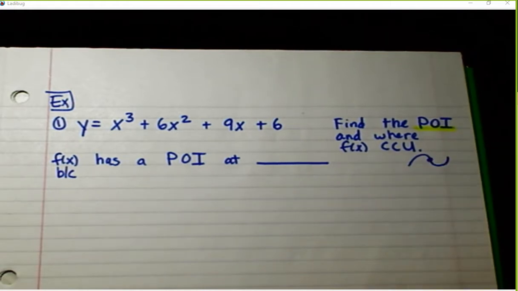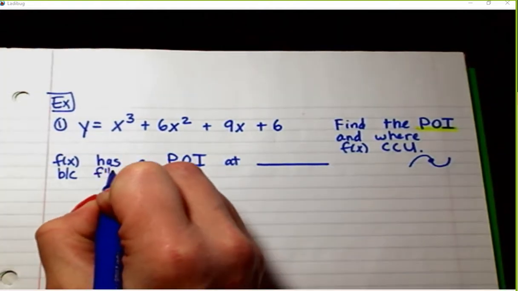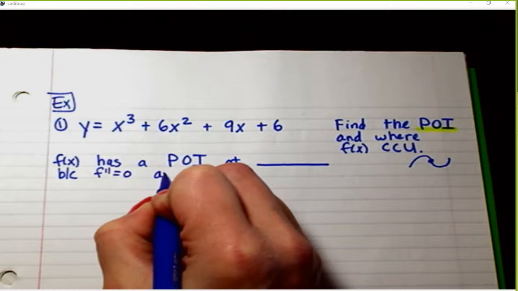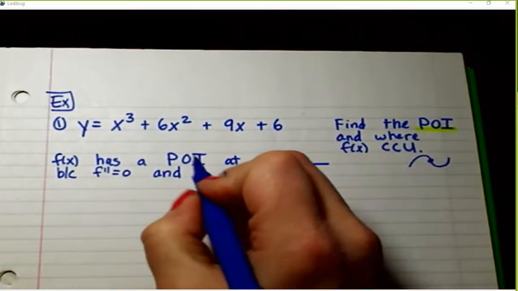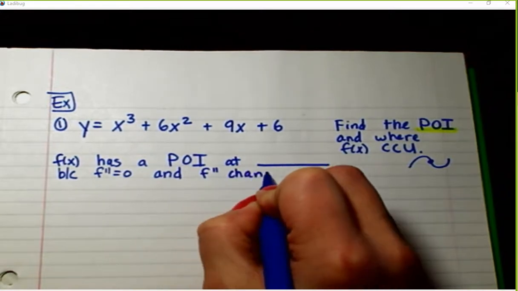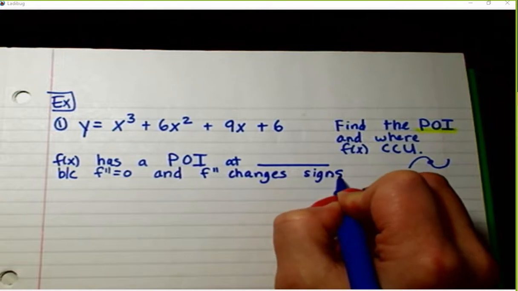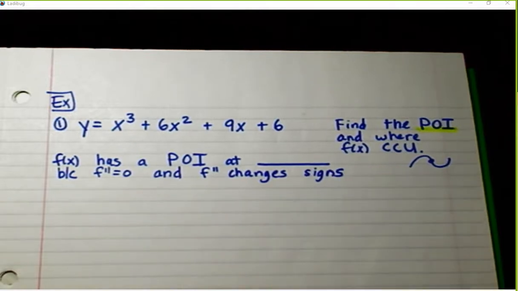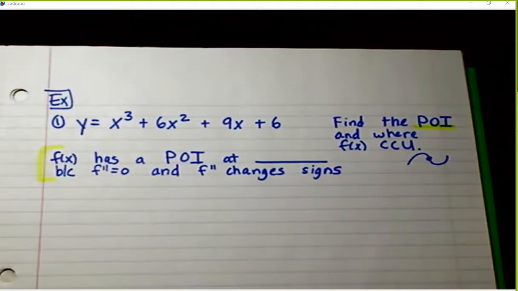All right, the picture is like helping me to remember what I'm looking for. So because double prime is 0 and the concavity has to change. So double prime changes signs. Okay, so that's the first thing I'm looking for. Point of inflection is that sentence.